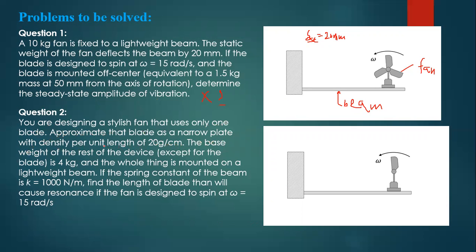The base weight of the rest of the device, except for the blade, is 4 kg. And the whole thing is mounted on a lightweight beam. Here also a lightweight beam is there, a single blade fan.